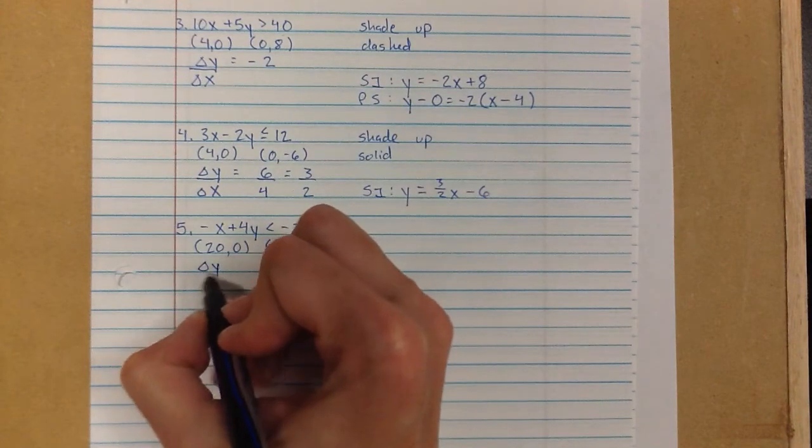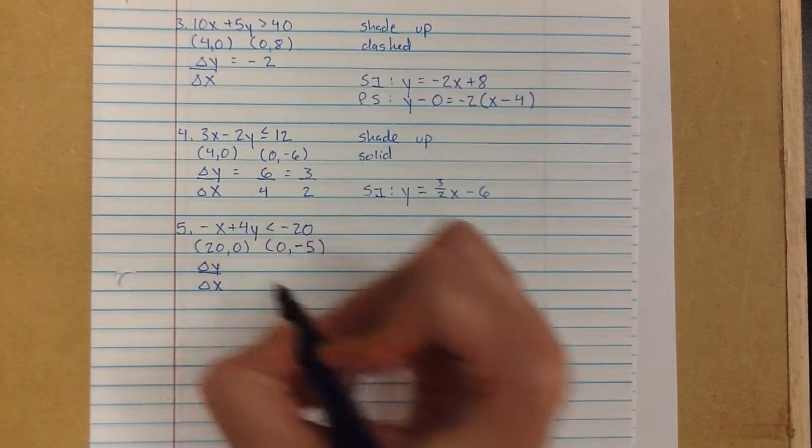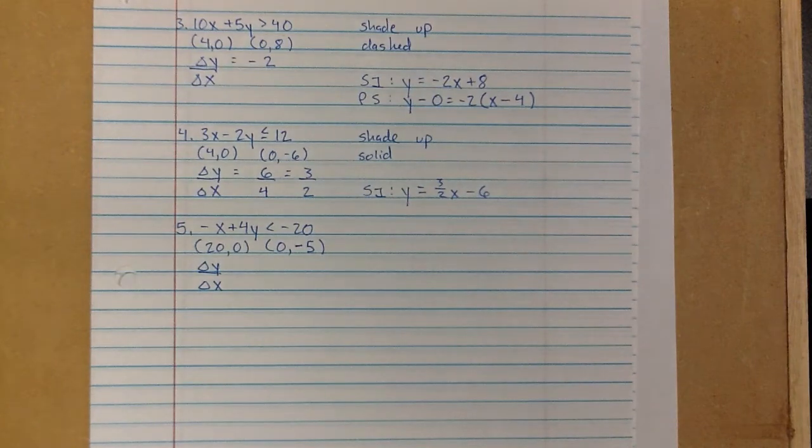What's your slope? It's what? 4? It's not 4. It's 1/4. Is it positive 1/4 or negative 1/4? Positive 1/4.